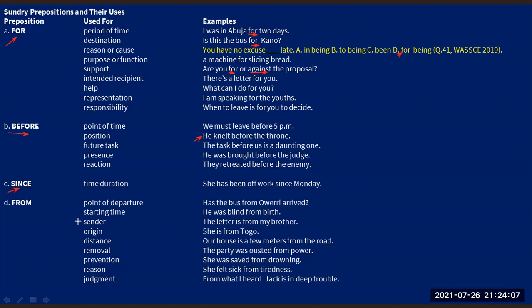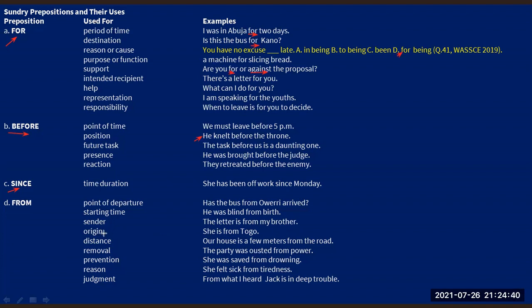When it is a parcel or a letter, we can say it is for. Or if we are talking about the movement from Mary, then we can say to. In terms of indicating the sender, for example, the letter is from my brother. My brother is the sender, all right?